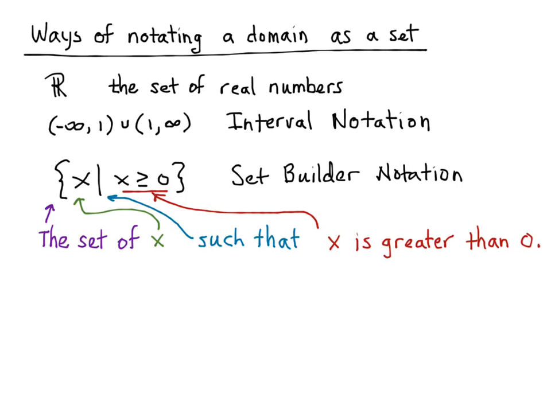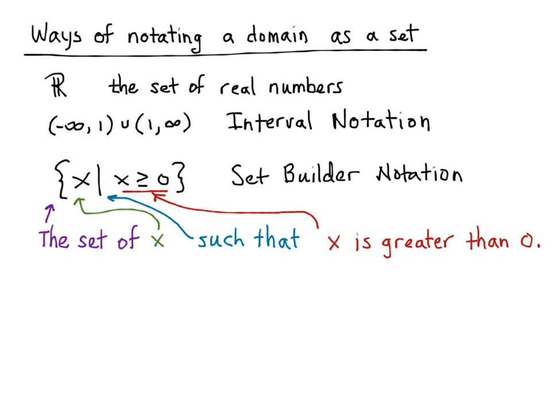So since this course only deals with real numbers, we're not going to deal with the square root of -1, any imaginary or complex numbers like that. When we have something in set builder notation that has some restriction or some description of x, we're going to assume that that's taken from the set of real numbers.